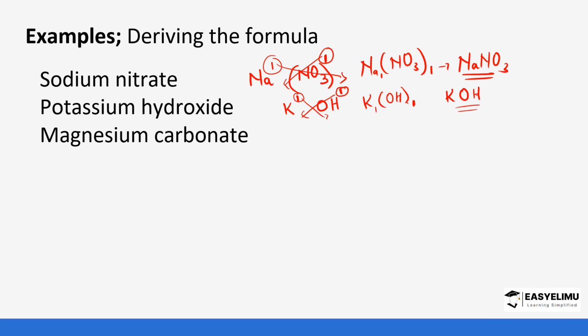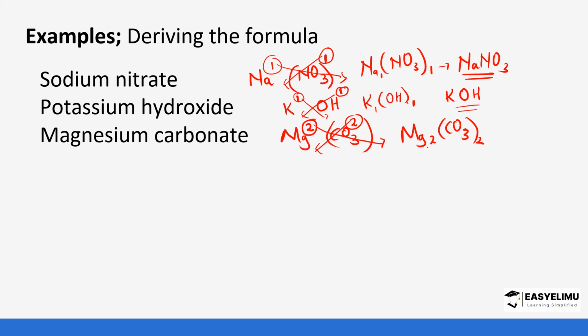We have magnesium carbonate. So symbol for magnesium is Mg, the valency is 2. Carbonate is CO3, valency is 2 because the charge is 2 minus. So remember we put the bracket and then we crisscross the valencies. So it becomes Mg2 and then bracket CO3 2.